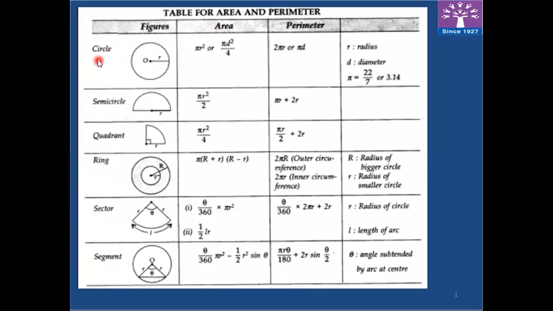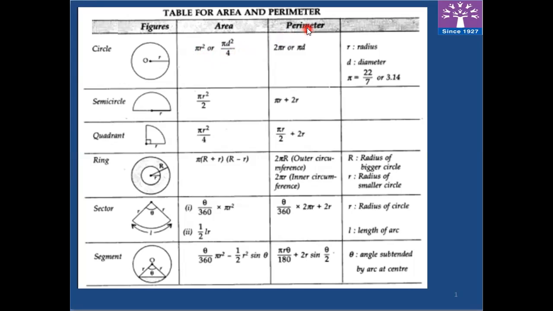First is a circle. A circle will be having a dimension r. Then if we consider the area of it, it becomes pi r square, where r is the radius of the circle. Or else if we consider the diameter d, then pi d square by 4 is the area of a circle.